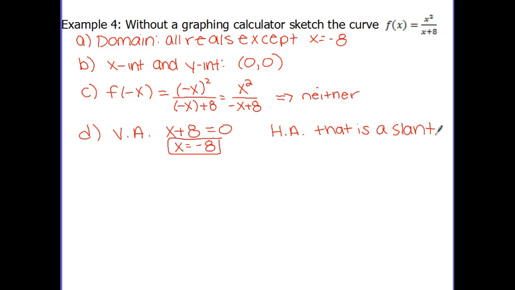To find a slant asymptote, you have to do long division. You have to multiply x by x to get x squared. So you get x times x, which is x squared, x times 8. And you subtract them, so you get 0. Then you have to multiply x by something to get negative 8x.